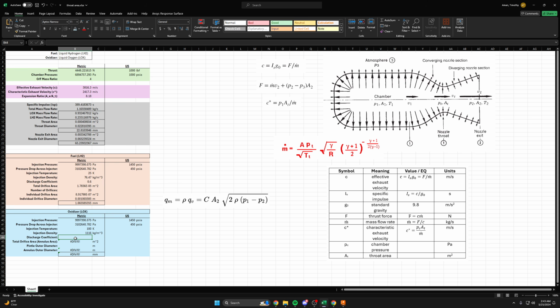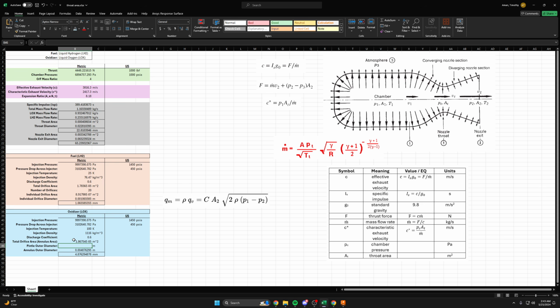Again, we'll assume it's a flat-edged orifice type of deal, so we'll use 0.6 as a discharge coefficient, and it calculates the total annulus area using the same equation. And remember, when you're doing the mass flow rate, it's the individual mass flow rate. For the fuel, it's the fuel mass flow rate, and for the LOX, it's the LOX mass flow rate, because it's separate for each one.